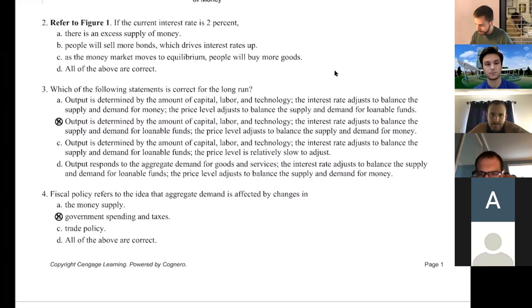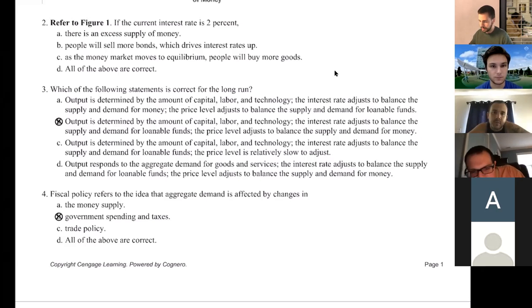Then you have B and C left, and the price level adjusts to balance the supply and demand for money. It's also good for you guys because it's basically open note. If you're familiar with some of the concepts, you don't need to 100% memorize, but you need to at least know where you wrote it down, if that makes sense.